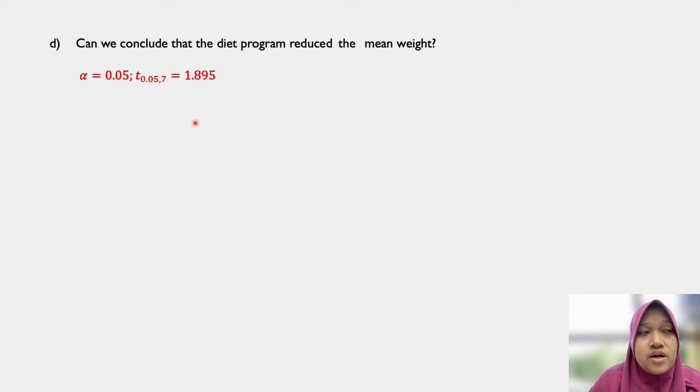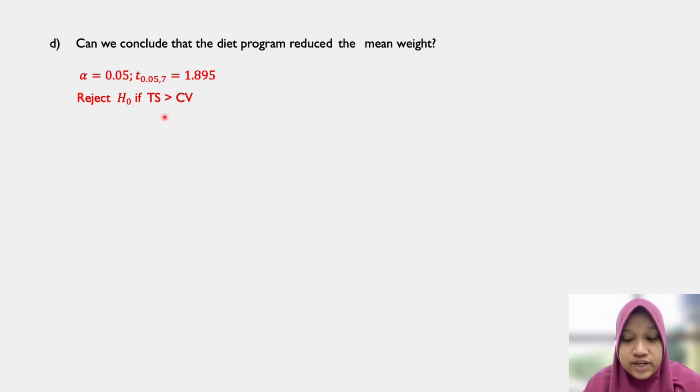If we are comparing the test statistic and the critical value, you need to find the critical value. Since the significance level here is alpha equals 0.05, you need to find the critical value of t 0.05 with n minus 1 degrees of freedom, which is 7. So we get 1.895. And the decision rule is reject H naught if the test statistic is greater than the critical value.